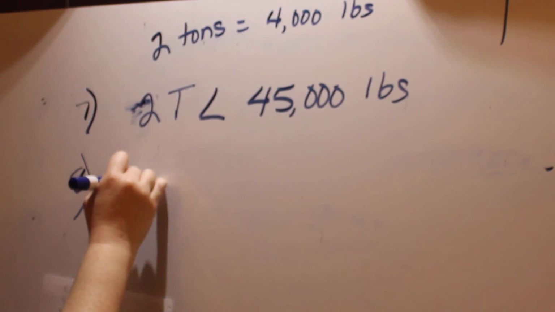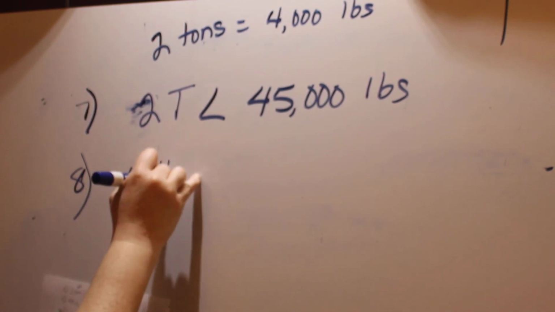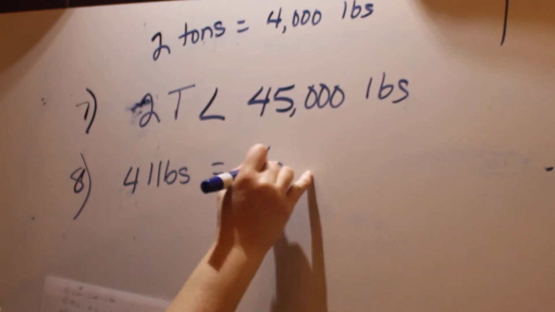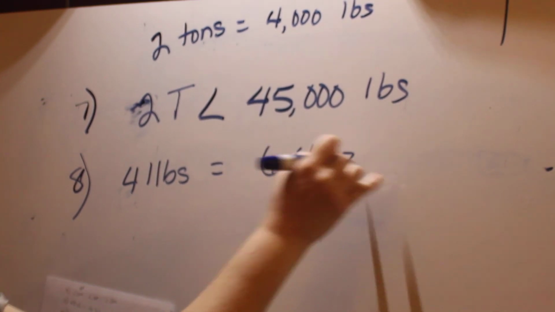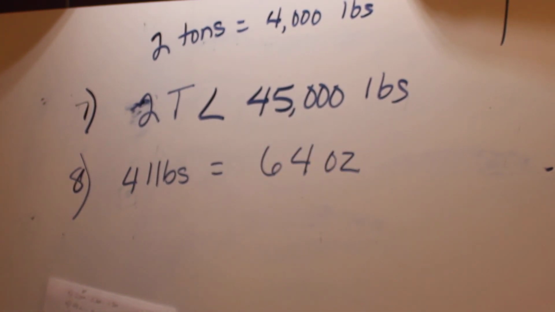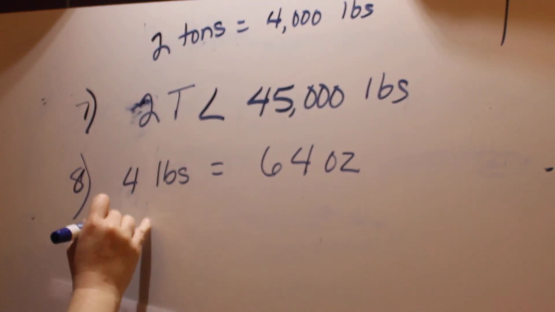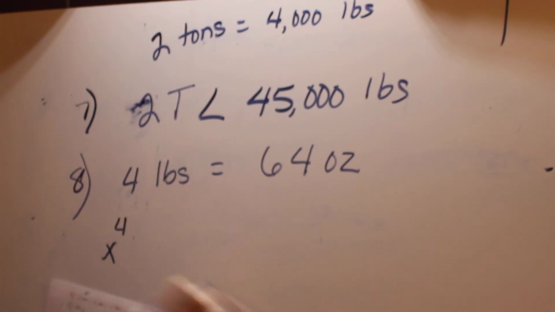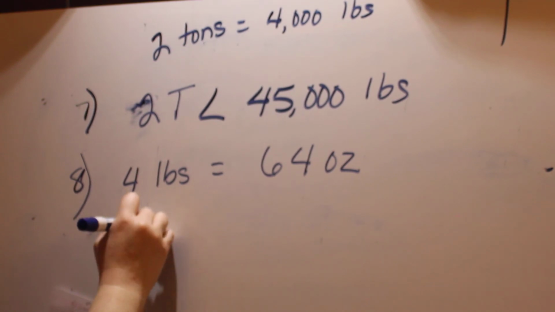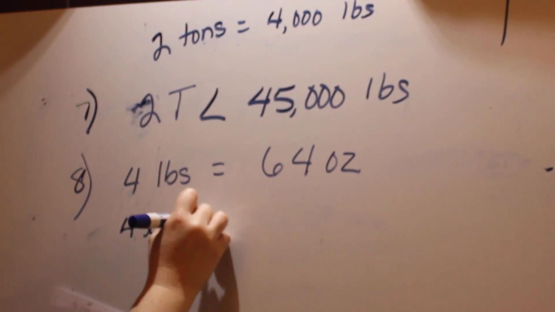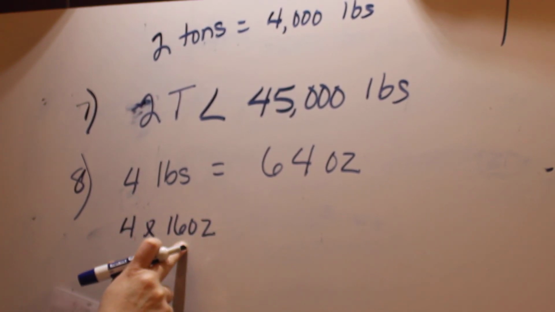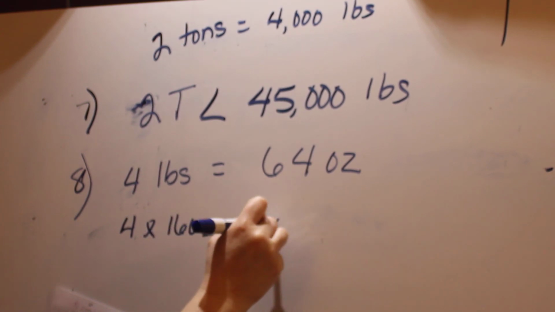8. 4 pounds is equal to 64 ounces. Well, in 4 pounds, if I took 4 times 16 ounces, 4 times 16 equals 64.